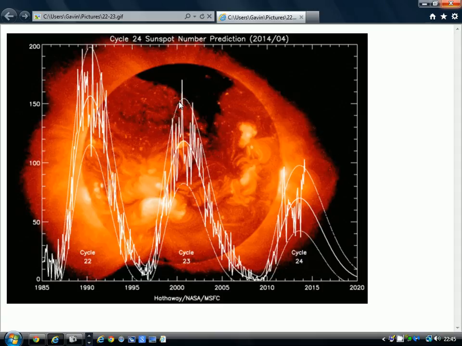That is less of a cycle than cycle 22, but it's still a big cycle. And then we go down to cycle 24, which is the one we're currently in, much weaker than those previous two solar cycles.